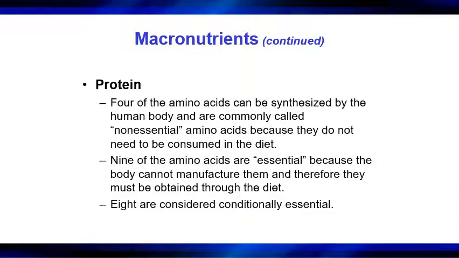Conditionally essential still need to be consumed through the diet because the body doesn't make them. They're typically not considered essential, but during times, for instance, of illness and stress, the body needs them. So they still need to be taken in through the diet.